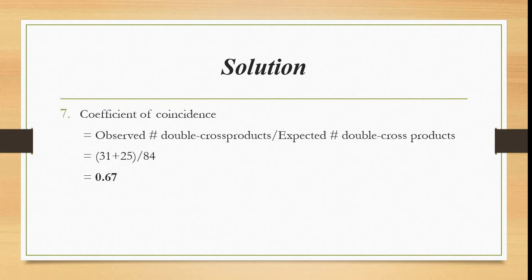So in the next question, you have to calculate the coefficient of coincidence. For coincidence, you have to understand that it is a measure of interference in the formation of the chromosomal crossovers during meiosis.